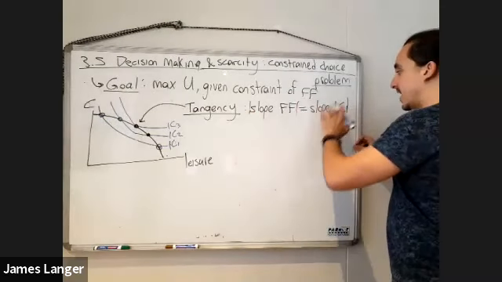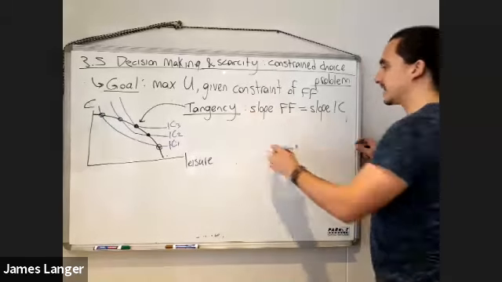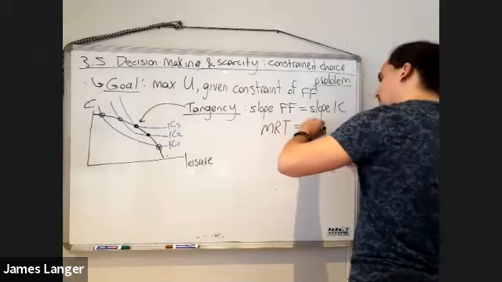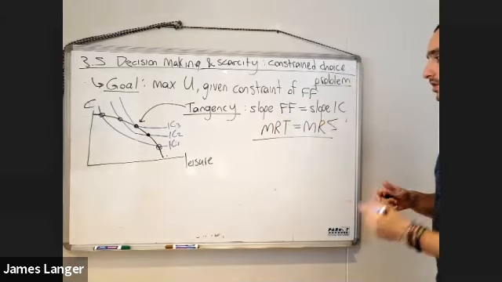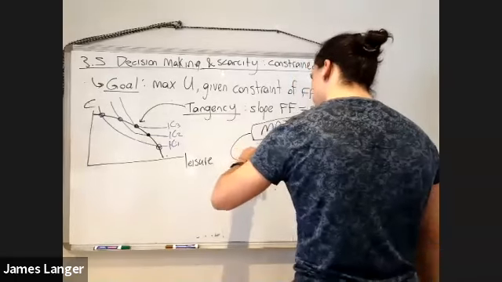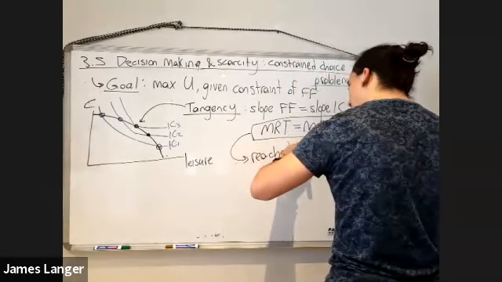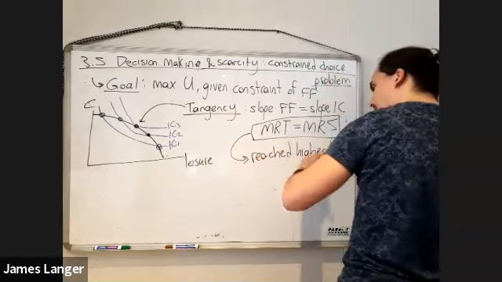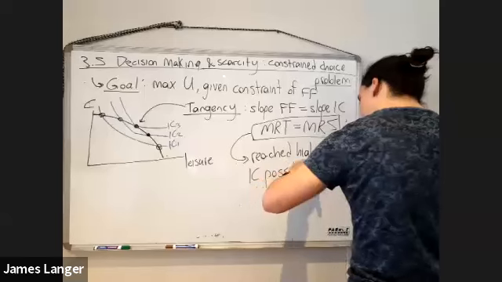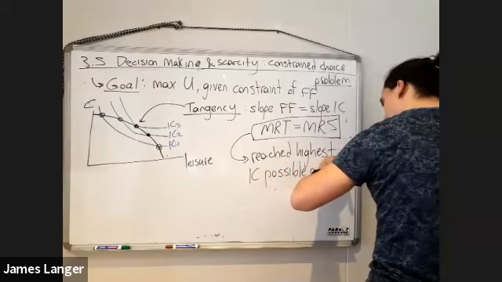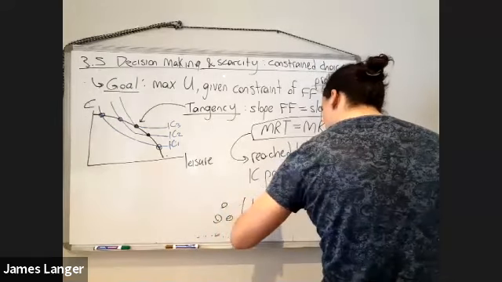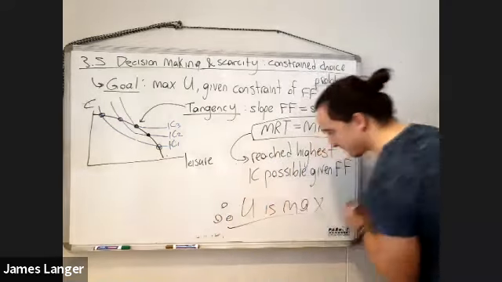And when we're at that tangency point, so I'm actually going to take that away. When I'm at that tangency point, I now know that the MRT is equal to the MRS. So when my MRT is equal to my MRS, then I've reached the highest indifference curve possible, given my feasible frontier. Therefore, I see that my utility is maximized.